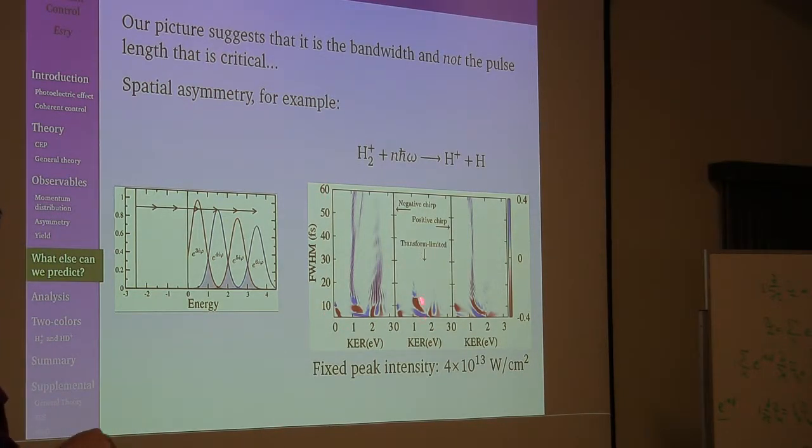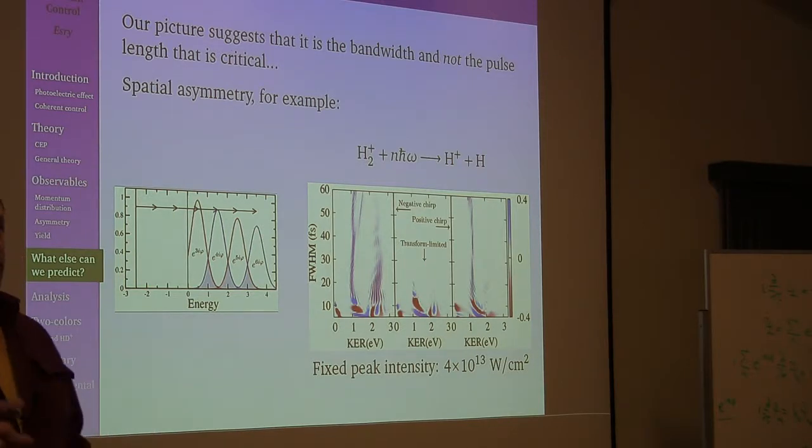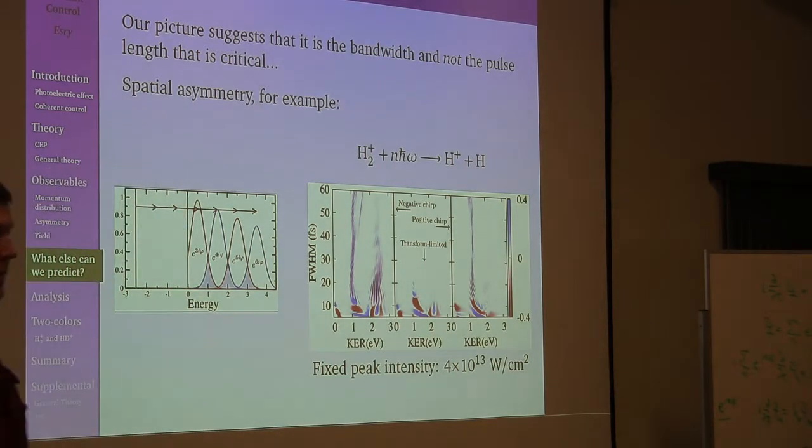Okay? The middle panel shows you what happens if you take just a transform limited pulse and look at CE phase effects. So this is the spatial asymmetry for a CE phase of 0. Okay? So you can see the spatial asymmetry normalized goes from -0.4 to 0.4. So you see spatial asymmetry in this particular case out to about a pulse length of say 20 femtoseconds. Okay?